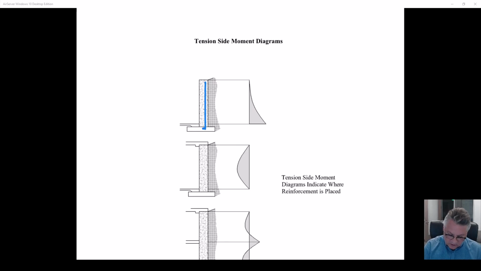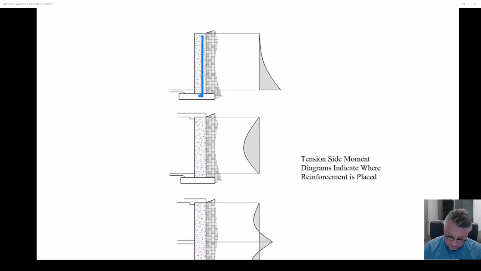So if the tension side is to the right, that's where the steel goes in the wall. For the braced wall condition, draw the moment diagram to the tension side. That diagram tells you, put the reinforcement on that side. That's where tension is.